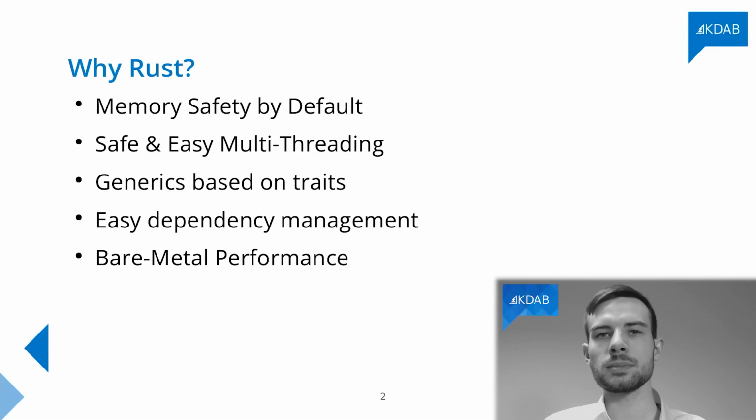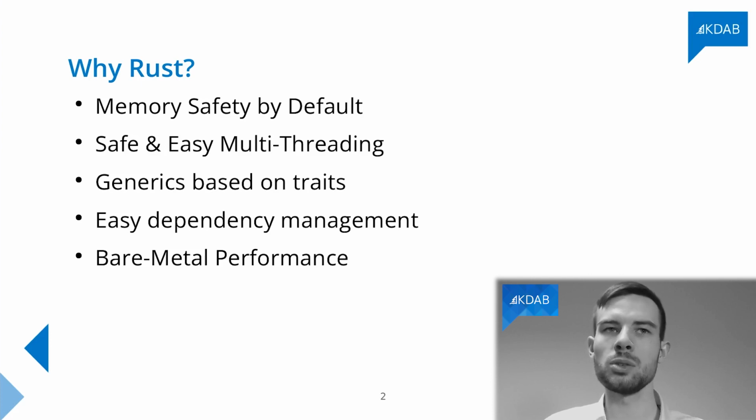And a good example of this is the Chromium project, which estimates that around 70% of their security bugs stem from memory safety issues. And those could have been prevented by just using a language like Rust.